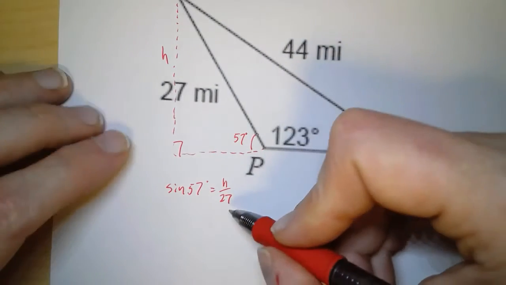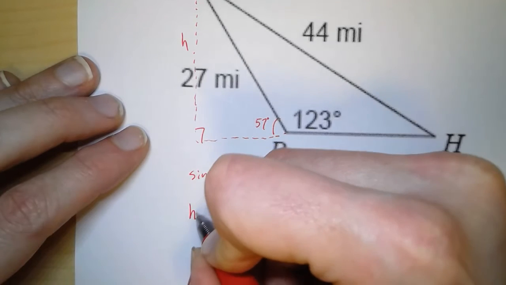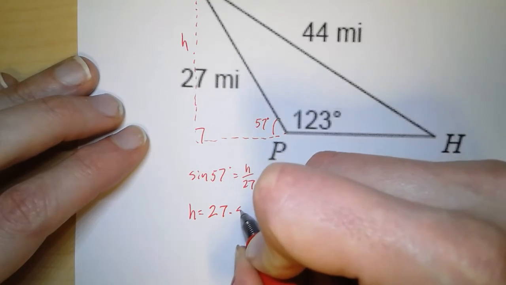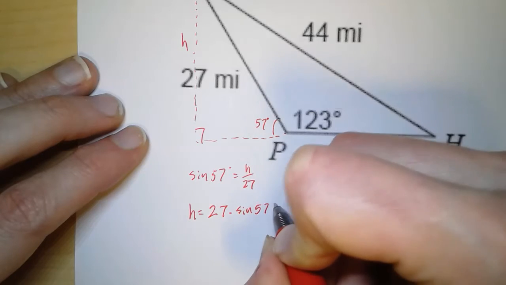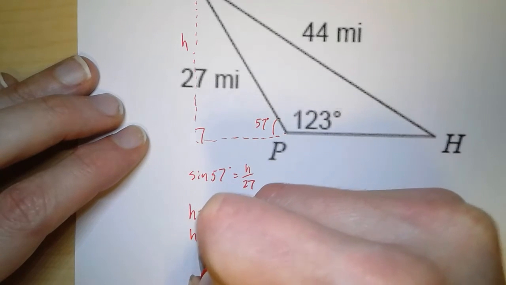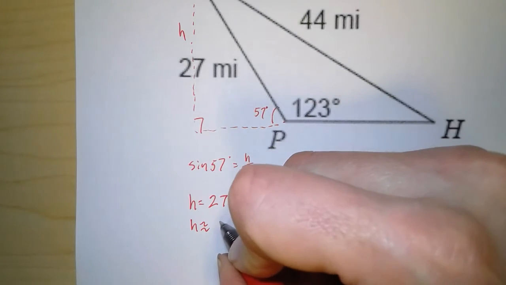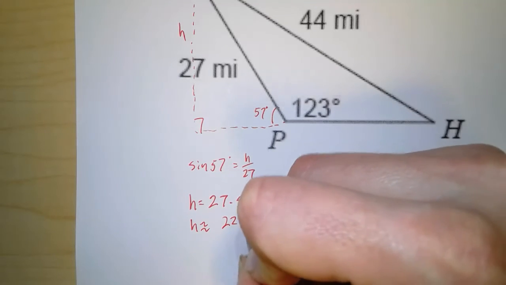And hopefully by this point you're getting into the habit of seeing that h is always the hypotenuse, 27, times sine of the angle. It's just always going to be that anytime you're dealing with a right triangle. So when we find our height, it is 22.644.